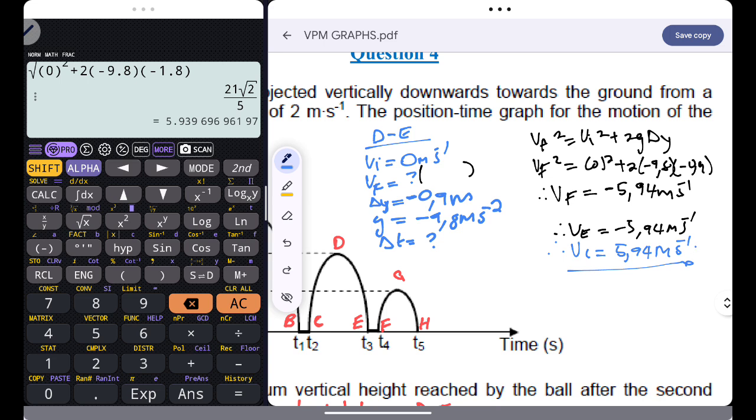This is an upwards velocity, right? The positive sign really tells us that it's an upwards velocity. So if I know the velocity at E, I simply know the velocity at C, because the velocity with which the ball leaves the ground is the velocity with which the ball will come back to the ground again.